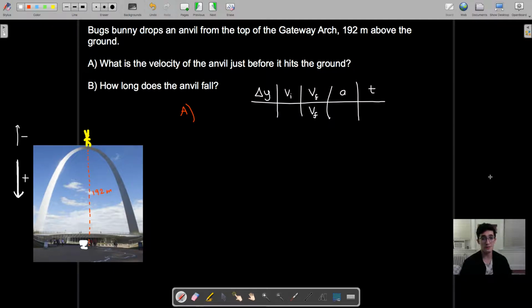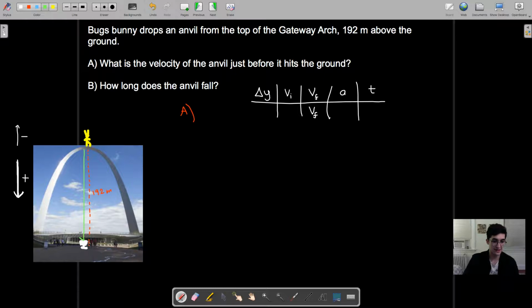And so our displacement, ask yourself, is this a displacement upwards or downwards? Take a pause, think about it. All right, well, this is going to be a displacement downwards because our final position is down on the ground and our initial position was up at the top of the arch. So our anvil traveled from the top of the arch down to the bottom.